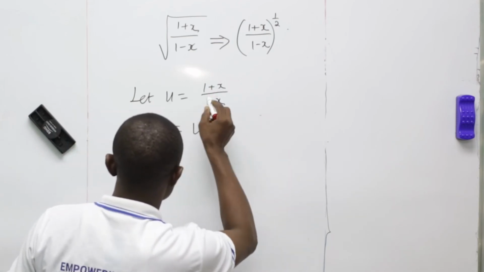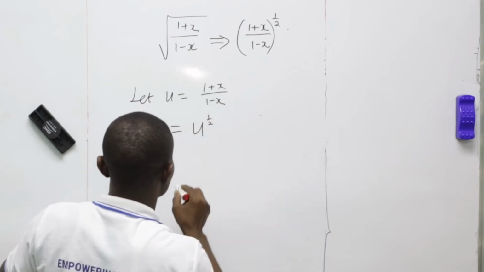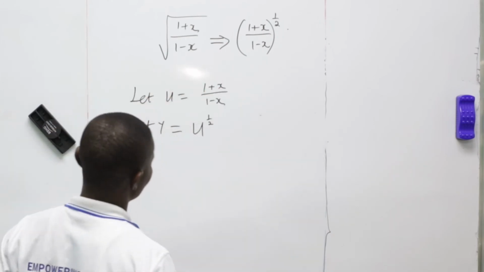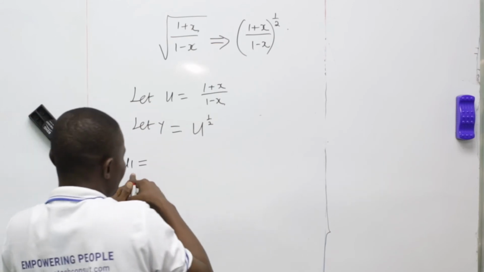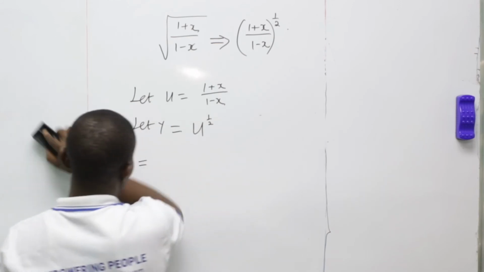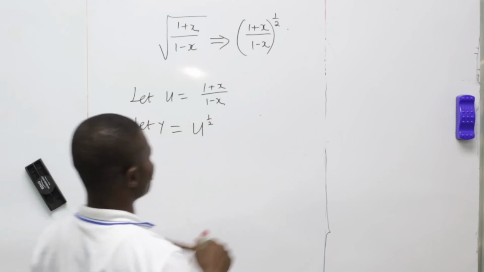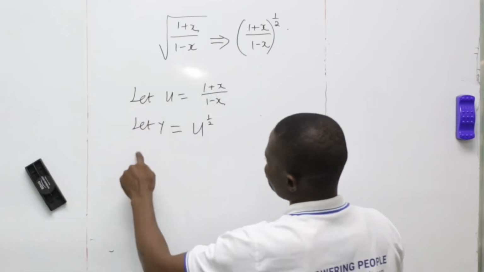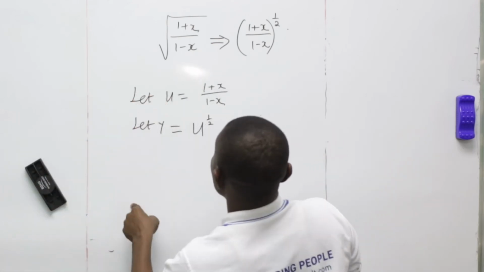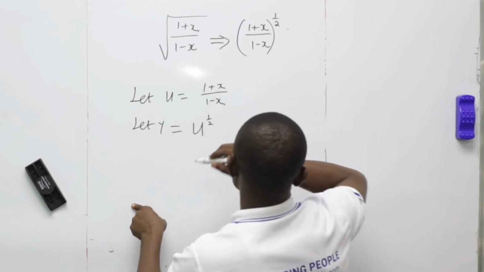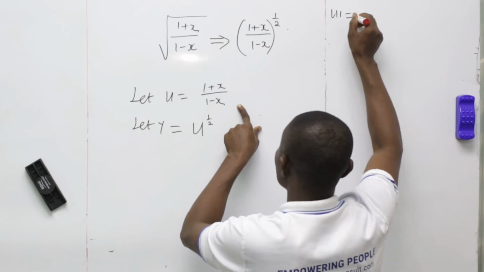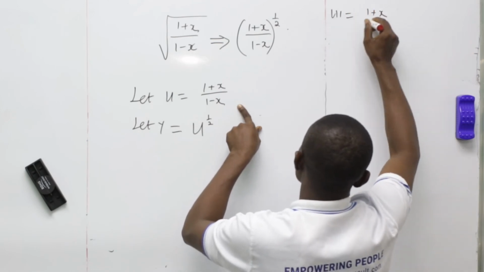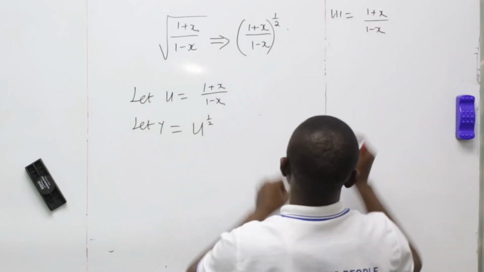This u itself is just a quotient rule. If we create a new u1, we are trying to use the quotient rule to handle this case. So let us have u1, which is (1 + s) all over (1 − s).